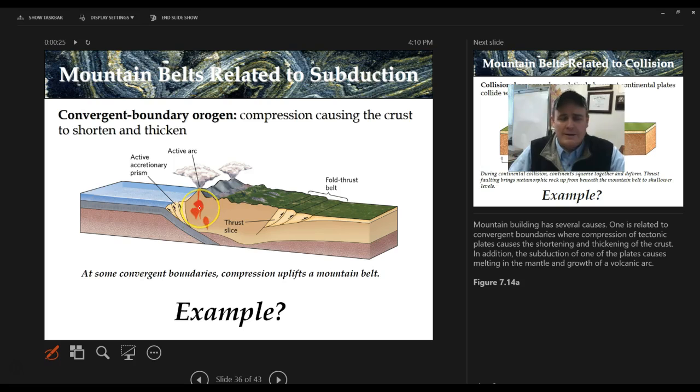A good example might be the Cascades in the northwestern United States, forming the volcanic arc of Mount St. Helens, Mount Hood, and all those different volcanoes. That's a great example. The Andes might be a good example of this one too. Okay, we'll stop here and we'll start up on the next one for the rest.